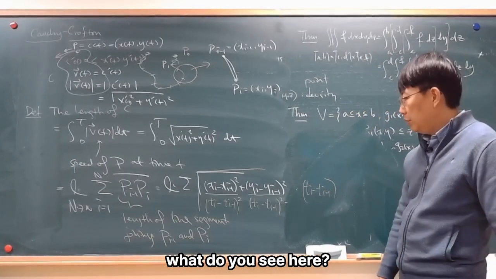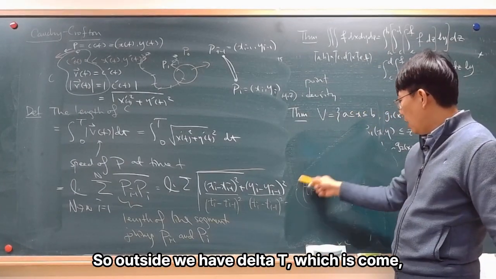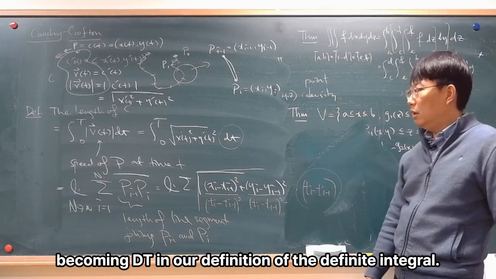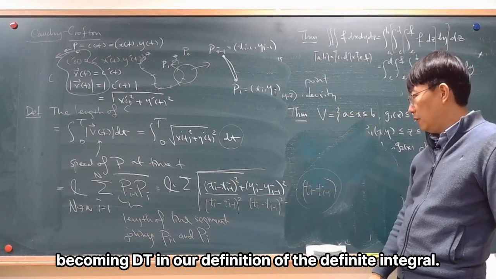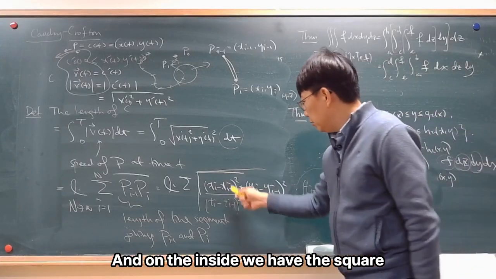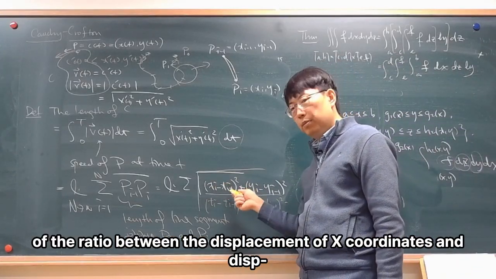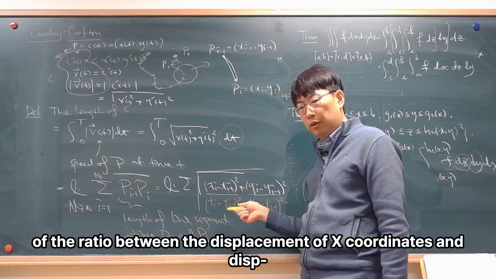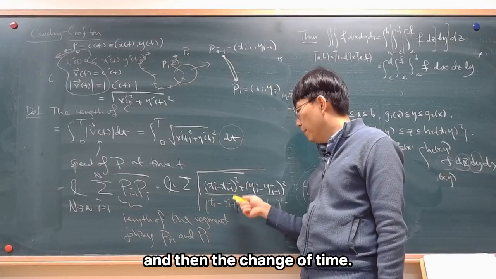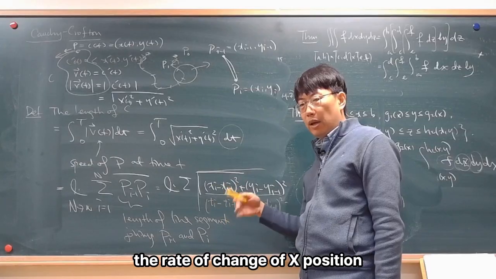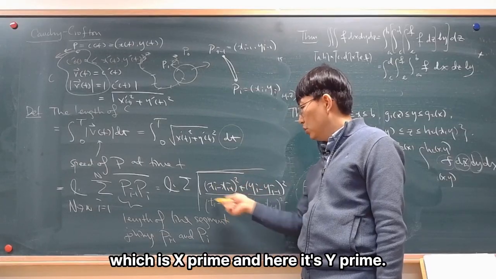What do you see here? Outside we have delta t, which becomes dt in our definition of the definite integral. And on the inside, we have the square of the ratio between the displacement of the x coordinates and the change of time. So this is basically the derivative of x, the rate of change of x position, which is x prime.